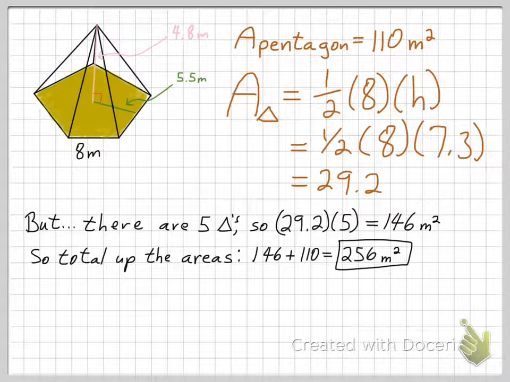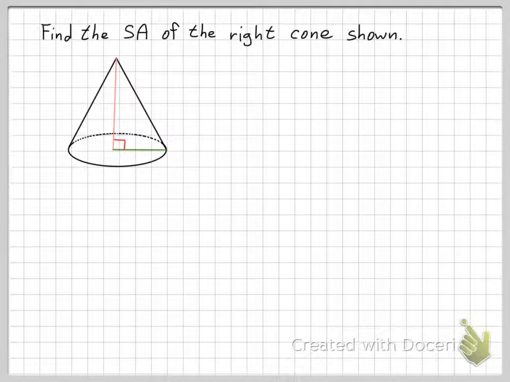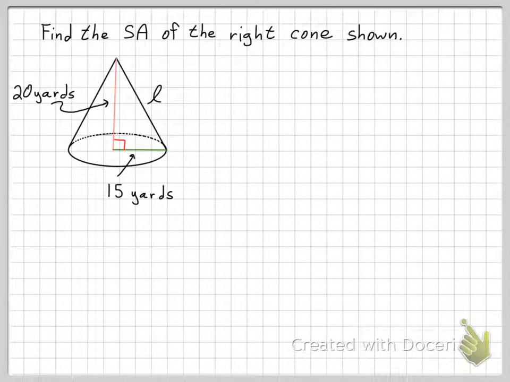In other words, you would need a minimum of 256 square meters of wrapping paper to completely wrap up this three-dimensional figure. Okay? So our next and last problem is to find the surface area of a cone. So please write this prompt down. Find the surface area of the right cone shown. And these are the dimensions of the cone.